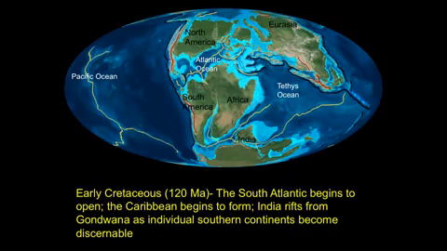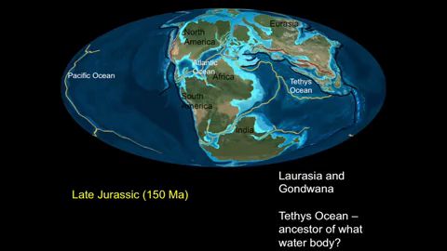We see India, which is now connected to Antarctica, starting to rift apart from Antarctica and Africa. And so as we go back even further in time to 150 million years ago, we see the formation of two larger continents. Laurasia in the north, which is composed of North America and Eurasia, and Gondwana in the south, composed of South America, Africa, India, Australia, and Antarctica.